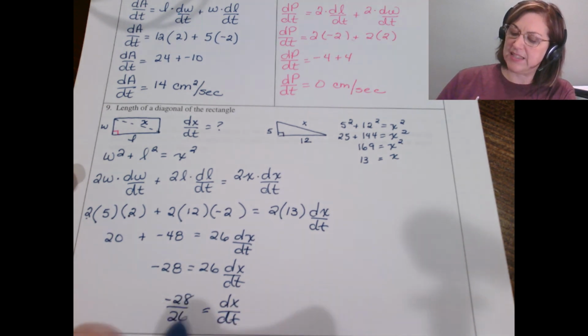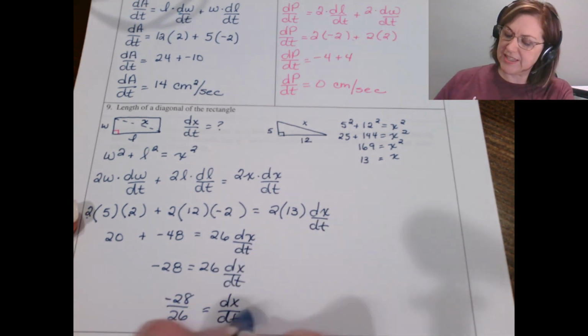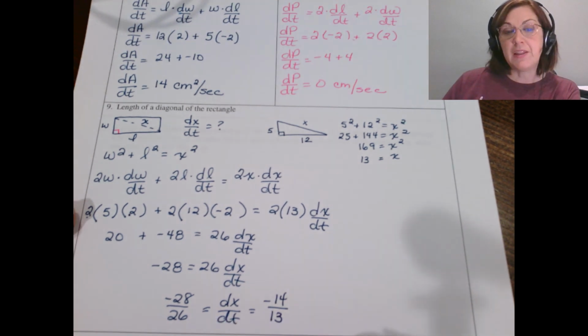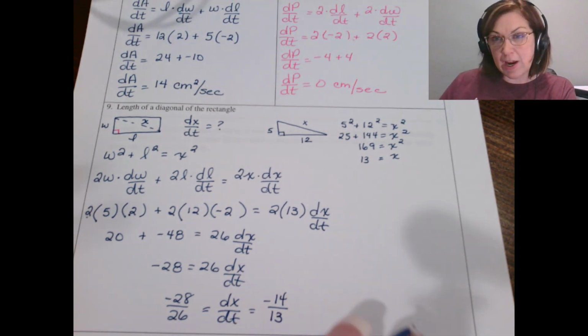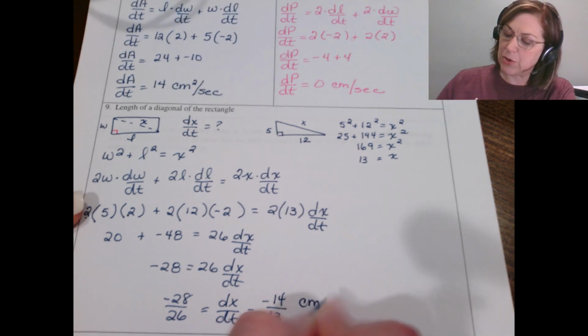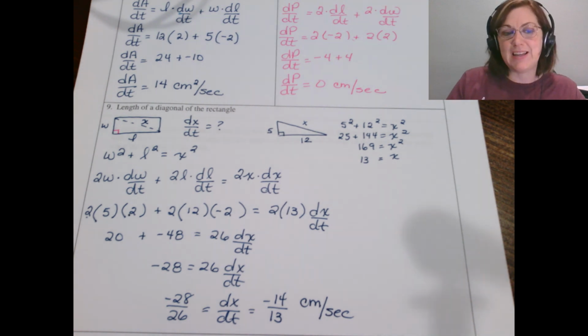That'll give me, let's see, we can reduce here, right, by 2. So it looks like dx/dt is going to be -14/13. Now, this is not a square, this is not an area, this is a length. So we're going to do it as centimeters per second for dx/dt in this problem.